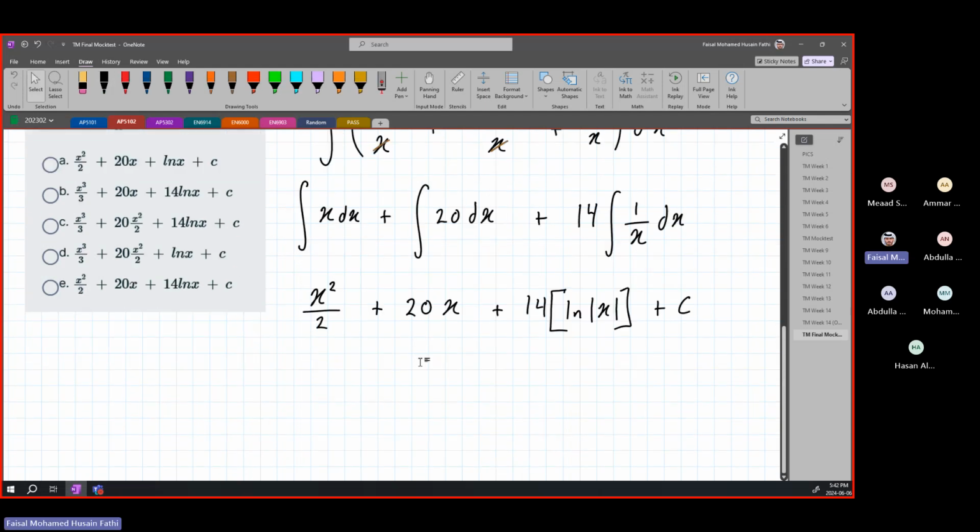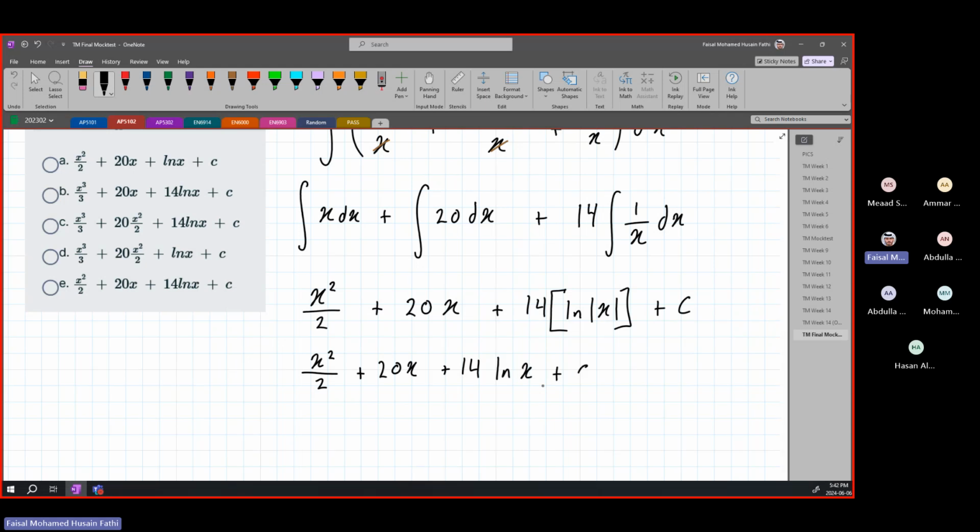And this is your final integration: x squared over 2 plus 20x plus 14 ln of x. Usually you put the absolute value, but it can also be written as plus x, assuming x is positive. So this will be your final answer.